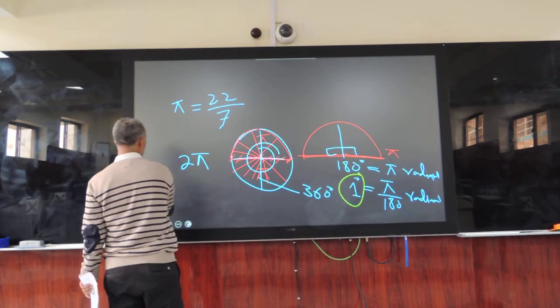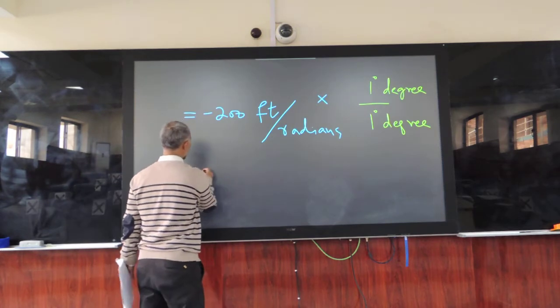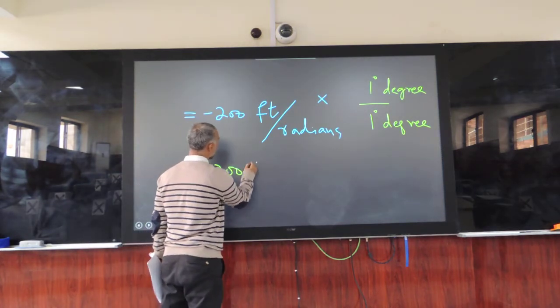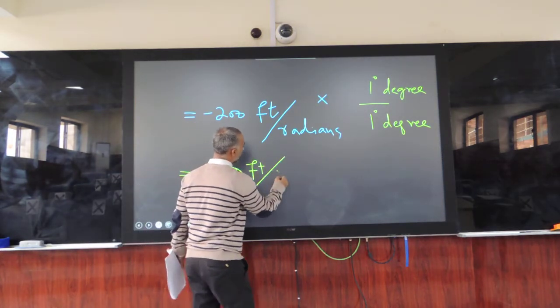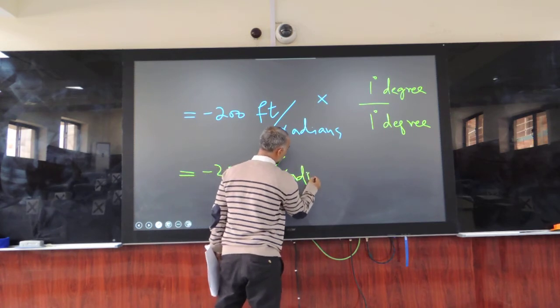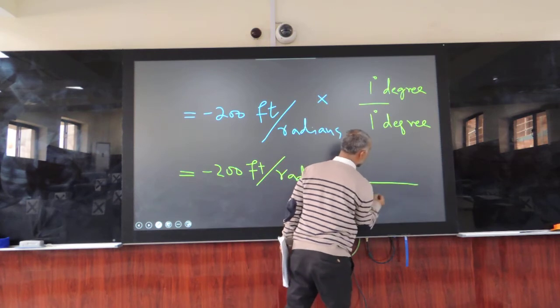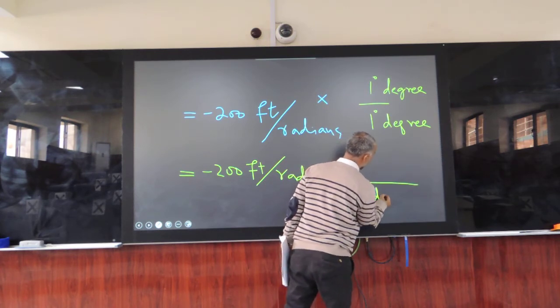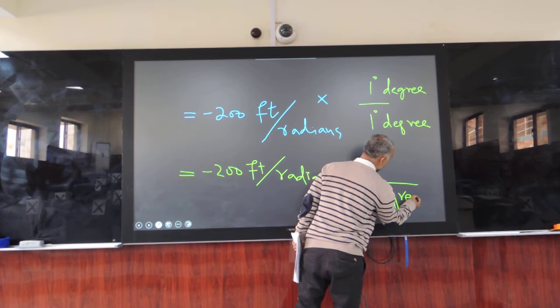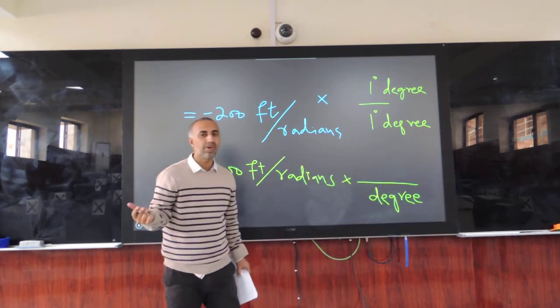So let me substitute the value here: minus 200 feet over radians. In the denominator, 1 degree, or degree as it is. If I do not mention 1, it doesn't matter.